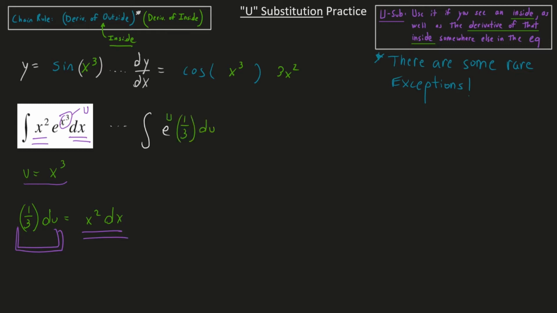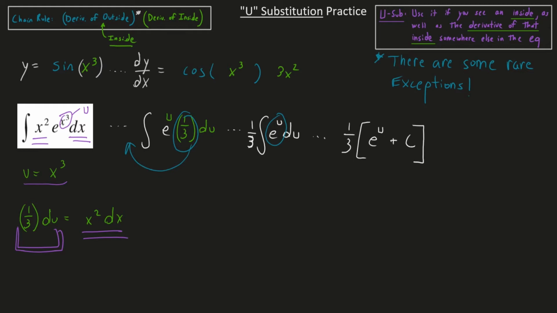So now I have this integral, and this isn't looking too bad. Of course, I'll take our 1/3 and bring it outside the integral because it's a constant. And this integral is not too bad. I know that the antiderivative of e to the something, e to the u in this case, is just itself, e to the u.